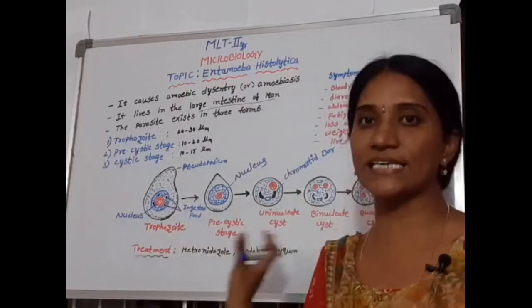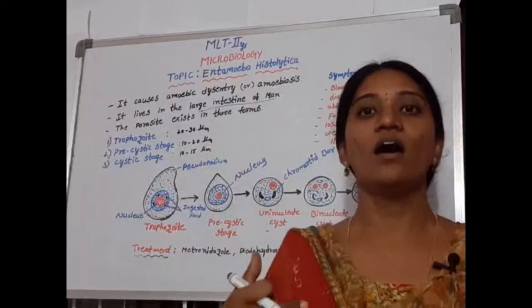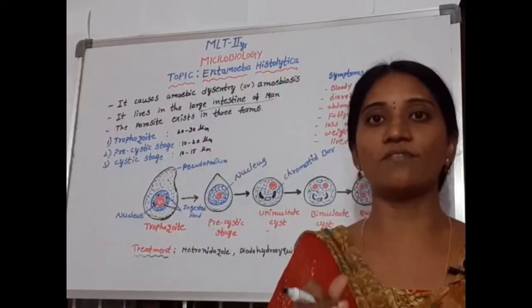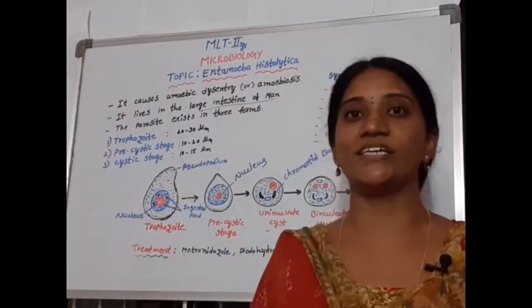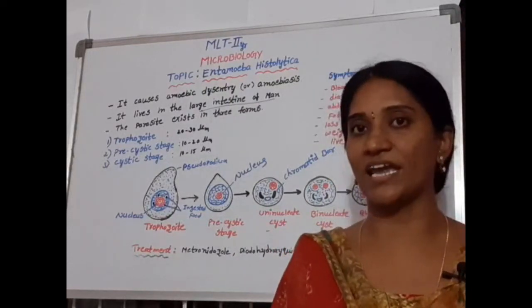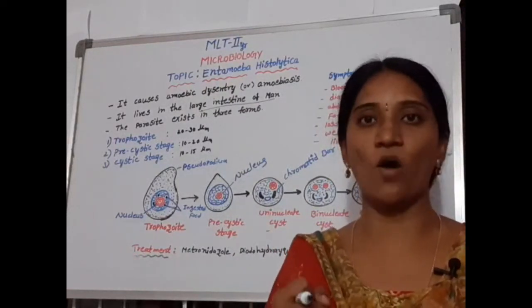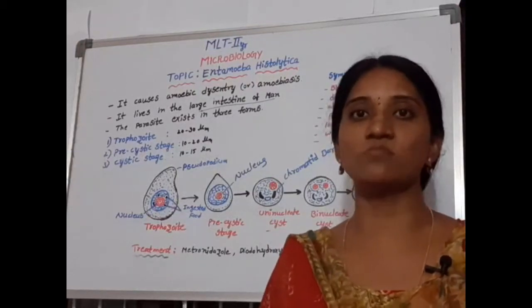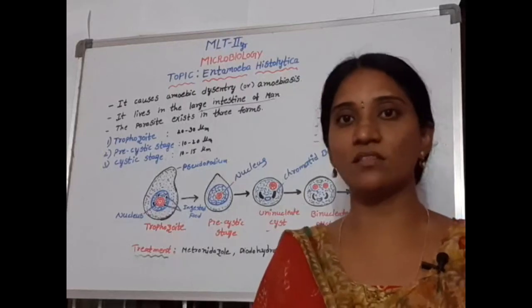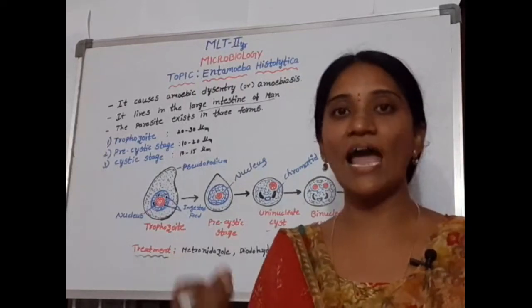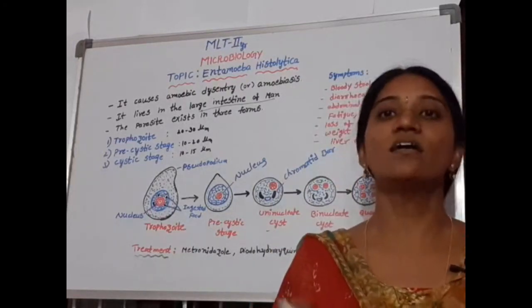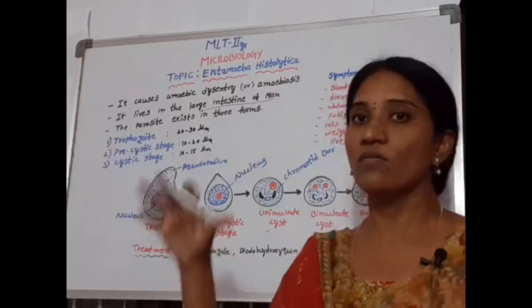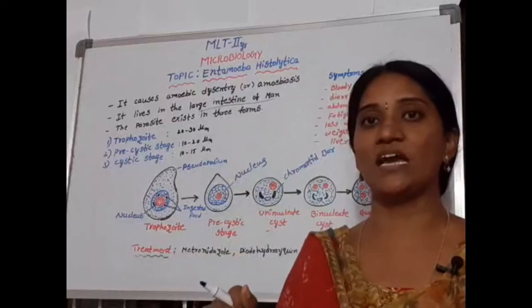It has the cyst, which enters our body and causes amoebiasis. So we maintain hygienic food, hygienic conditions and cleanliness, drink purified or boiled water, and always keep food items covered with a lid. These are the preventive measures we can follow for prevention of amoebiasis.